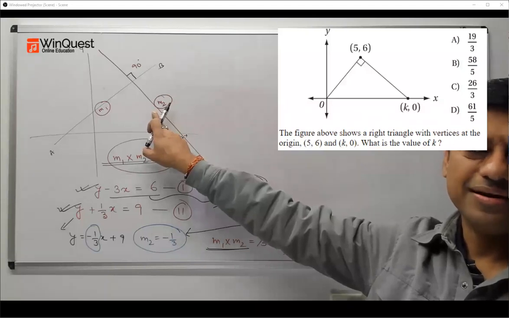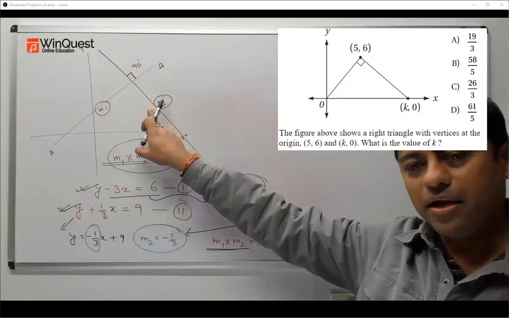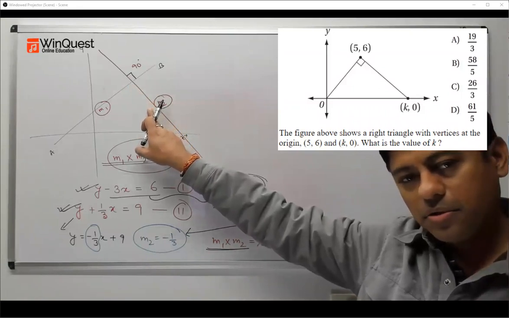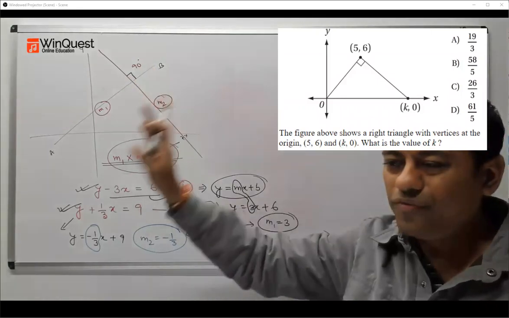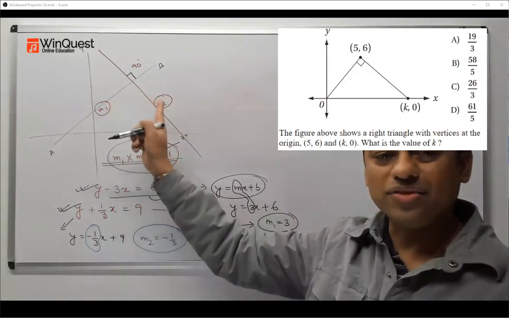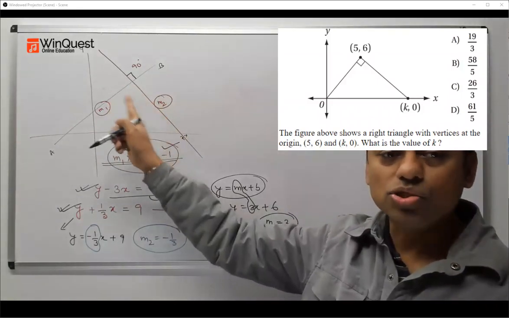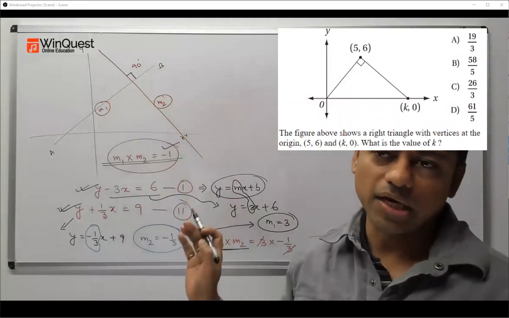M2. What is the speciality of these two? They are intersecting, making a 90-degree angle with each other, right? Yes, they're perpendicular. So in linear coordinate geometry, if you have the equation for this and the equation for this, then the slope values will always have this relation.